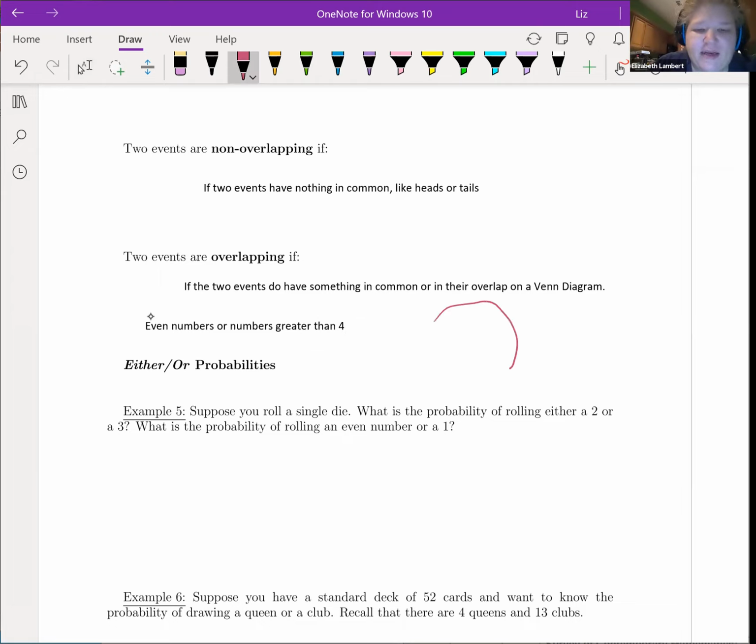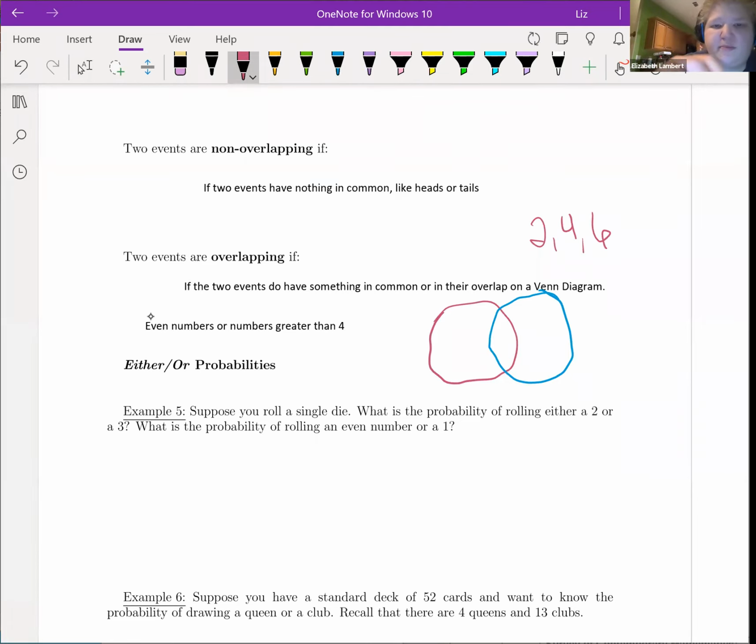So if I had my evens, and let me change color. No, I want blue. All right, so I know my even numbers on a die are 2, 4, and 6. Now, my numbers greater than 4 on a 6-sided die are just 5 and 6.